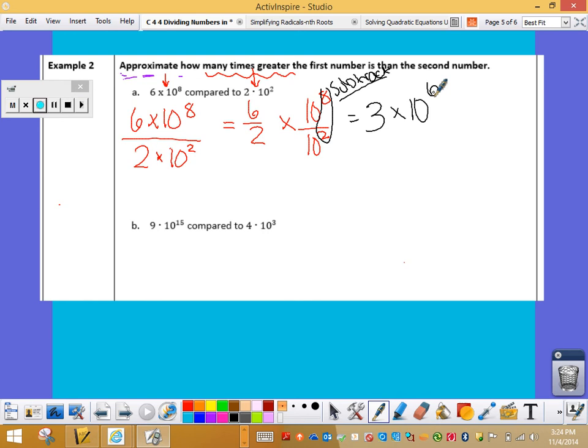And now this number that you have is how many times greater? So this is 3 times 10 to the 6th times greater. That's maybe a little hard to understand. So I'm okay with you also writing this. We could actually multiply this out, moving our decimal 6 places to the right.